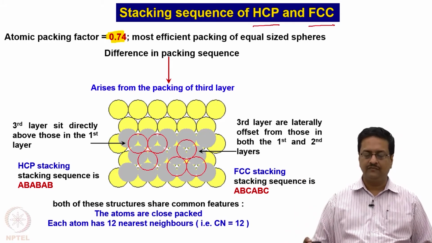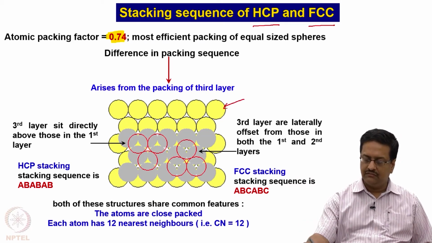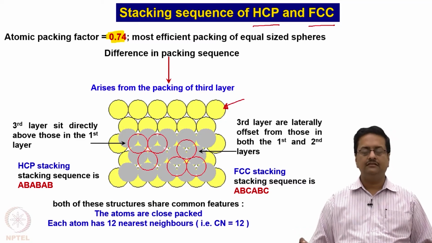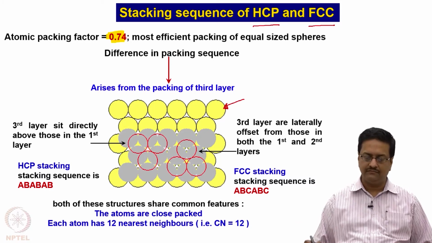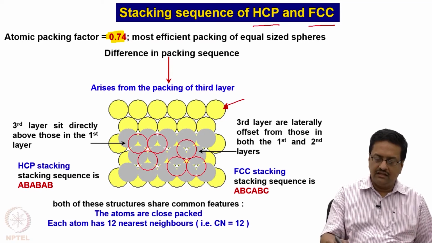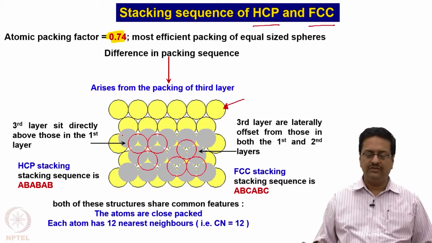the face-centered close pack. If we assume that the first layer is placed like this, then there are 2 ways the second layer can be placed. So when you place the second set of atoms like that in gray, it is like AB, AB, AB packing.